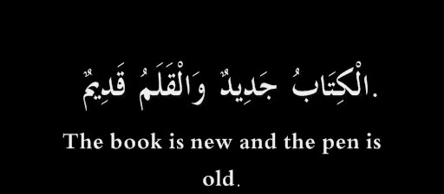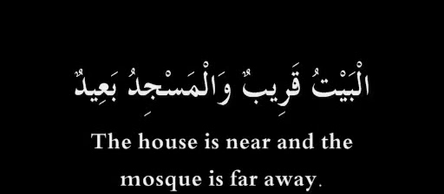Okay, I'll give two final examples to help further understand this concept. The sentence is as follows: the house is near and the mosque is far away. The way you say this is al-baytu qaribun wal-masjidu ba'idun. Al-baytu, the house. Qaribun means close.